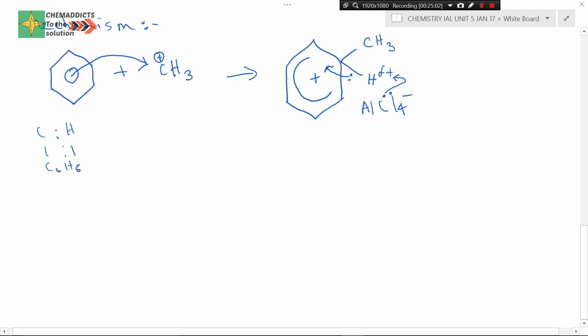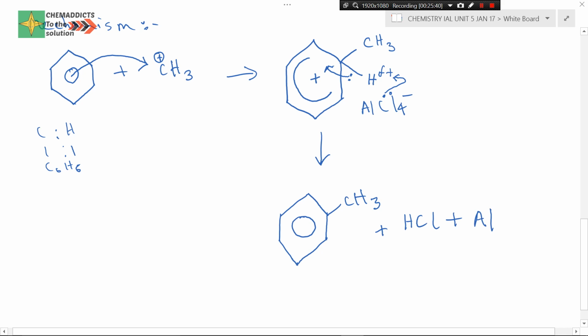So we form methylbenzene, CH3, plus one of the chlorides from aluminium chloride gets bonded with this hydrogen atom, forming HCl and aluminium chloride. See, aluminium chloride gets regenerated at the end of this reaction.